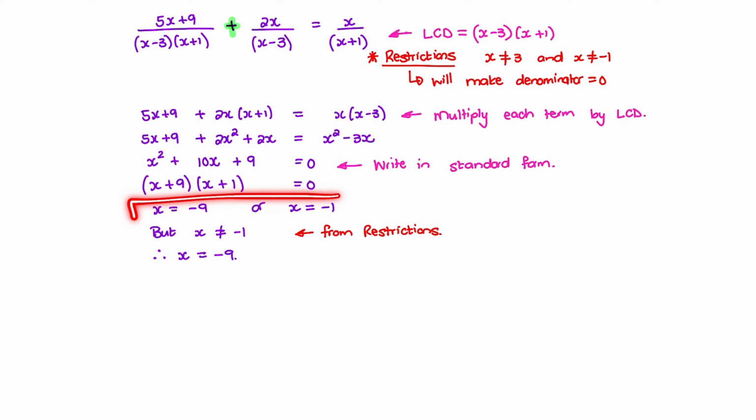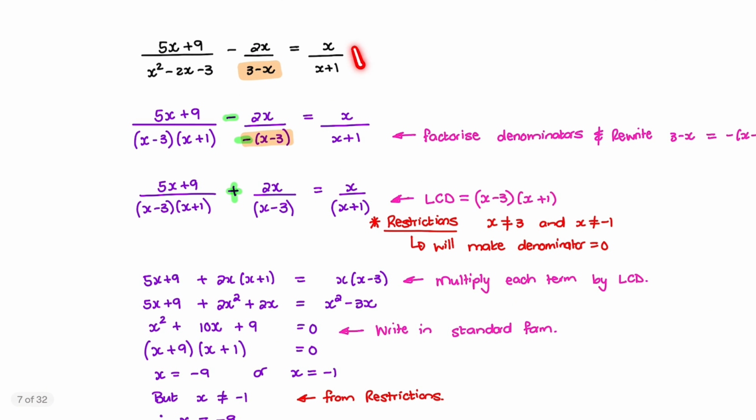But if you compare these results to the original question, we have noticed that x cannot be equal to negative 1 because it will make one of the denominators equal to 0. Therefore, we reject x equals negative 1, and x equals negative 9 would be our only answer that satisfies the original equation.